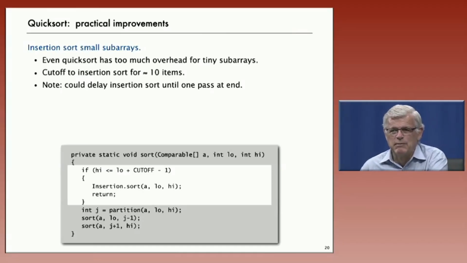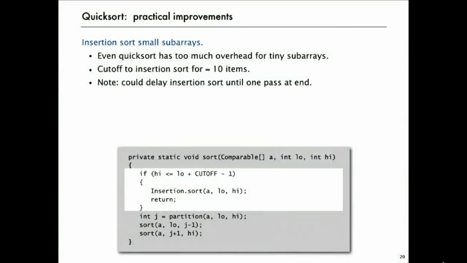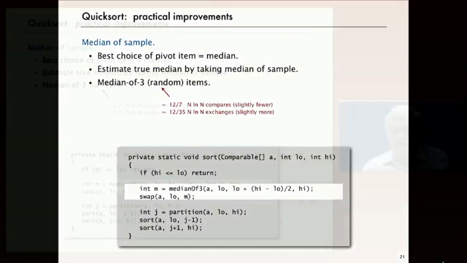So you can implement it to cut off to insertion sort for small arrays. And the exact number that you use is not too critical. Anywhere between 10 and 20 will improve the running time by maybe 20%. Also, you could just not do anything for small arrays and then do the insertion sort in one pass at the end. So that's a first improvement.